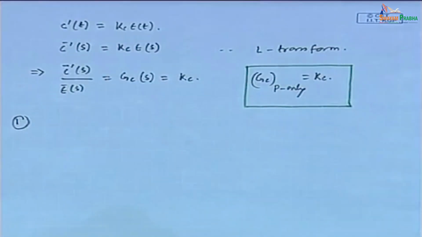Now we will conclude the P only controller. With the increase of Kc, the controller becomes more sensitive to error. This is the first conclusion which we can draw for the P only controller.